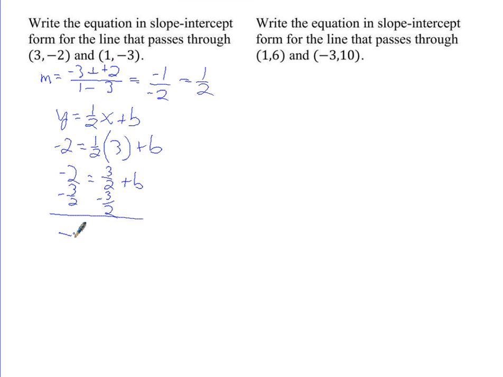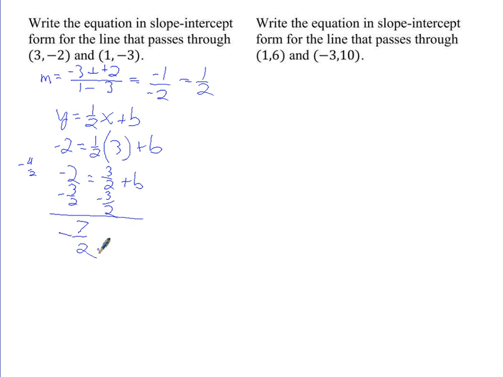Negative 7 halves. Negative 2 turns into negative 4 halves. Negative 4 halves minus 3 halves is negative 7 halves. Okay? Make a common denominator. Or grab your calculator. Type in negative 2 minus 3 halves.